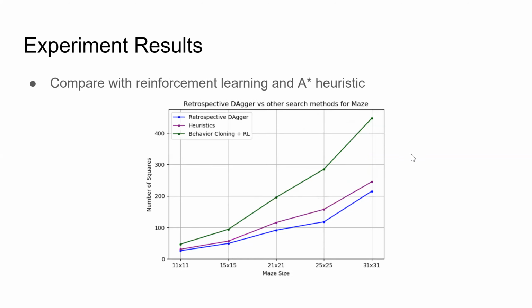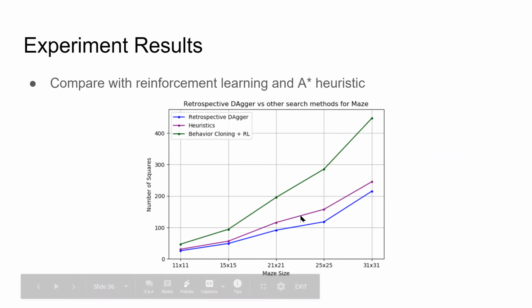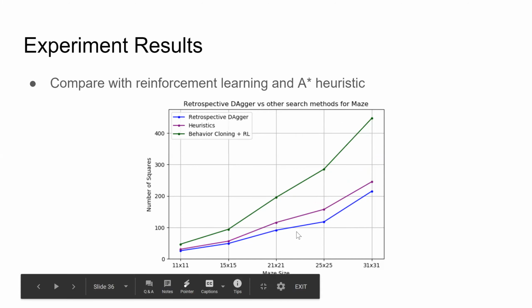And also we compare with the existing A-star heuristic. Because we're learning this new heuristic in the form of node selection, we want to see how effective it is compared with A-star itself. Here, A-star is using the Manhattan heuristic, which is a very canonical heuristic to use. We're able to obtain a lower number of squares, which means we can outperform the manually designed Manhattan heuristic.